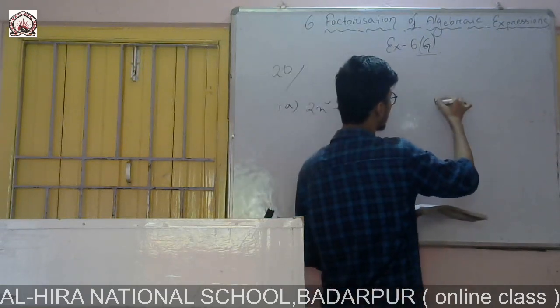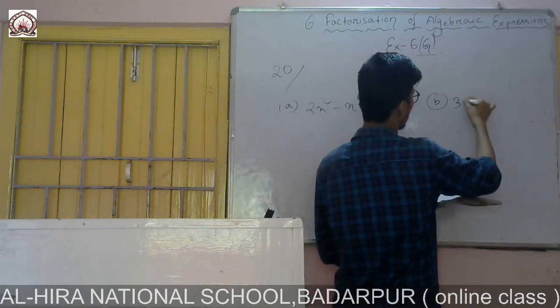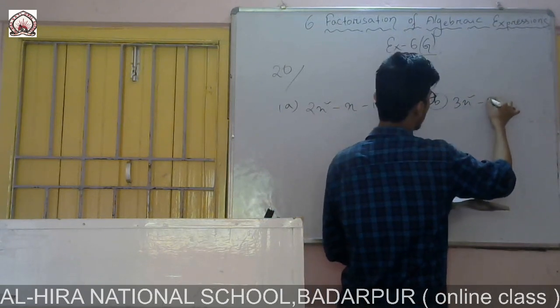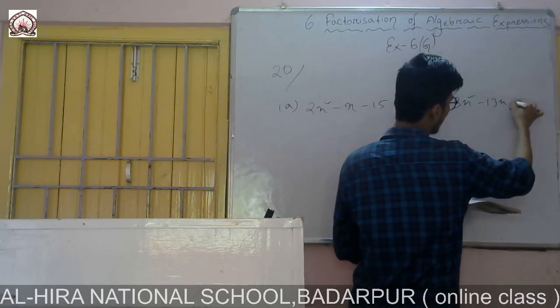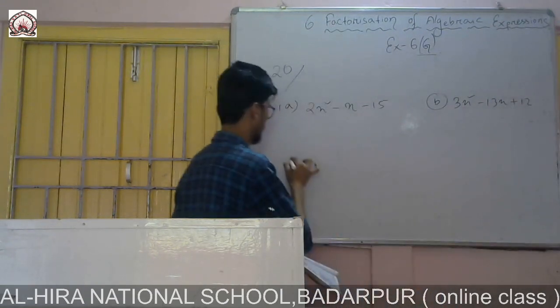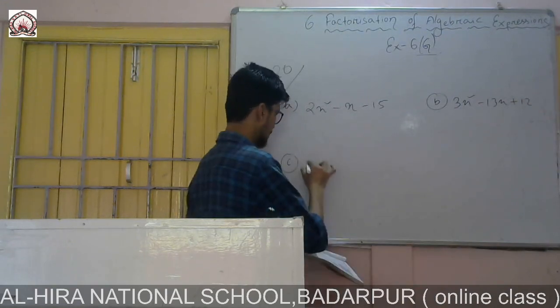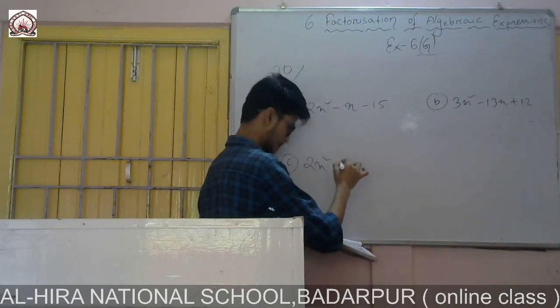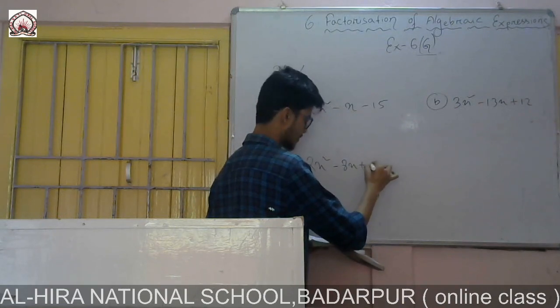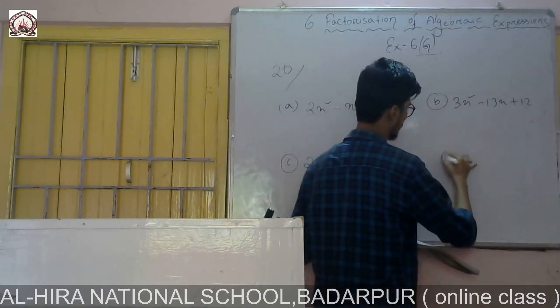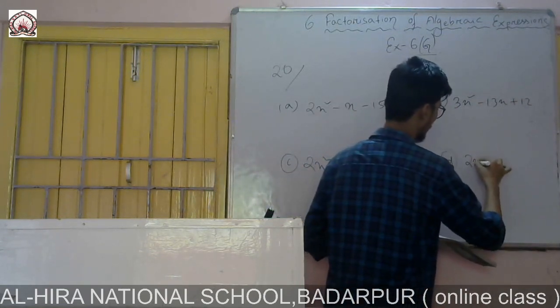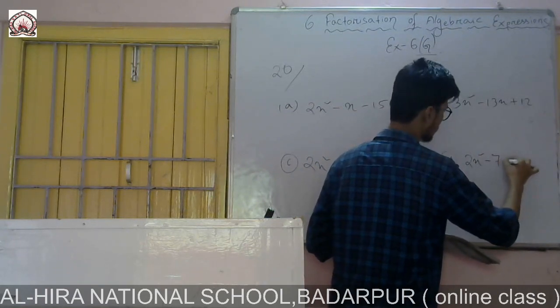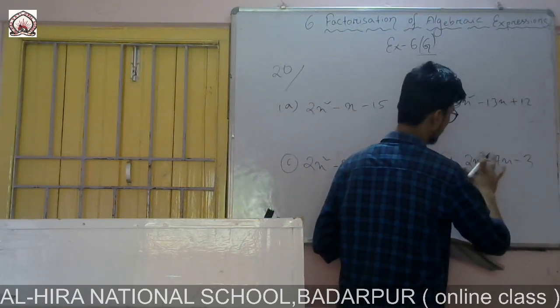Option B is 3x square minus 13x plus 12. Option C is 2x square minus 8x plus 6, and option D is 2x square minus 7x minus 3.